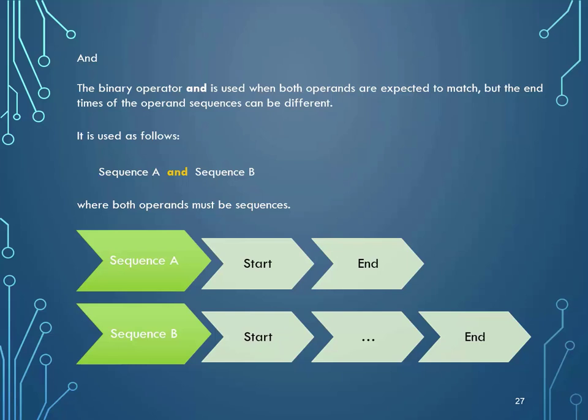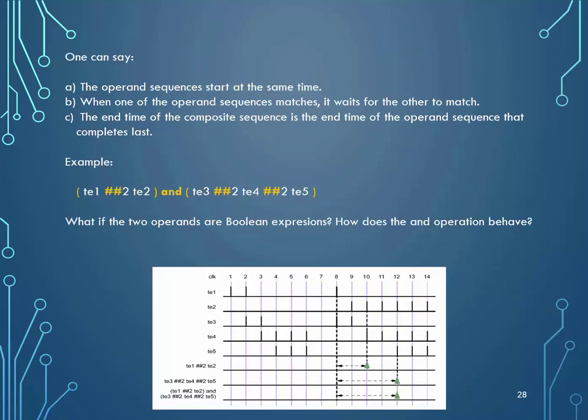So let's say that A finishes before B, but since this AND is connecting these 2 sequences and they are not forced to end at the same time, then once B is finished, our whole sequence made of these 2 sequences is going to be asserted. So we can say that they start at the same time, and the operand that finishes has to wait for the other one that hasn't finished yet for the whole sequence to be true.